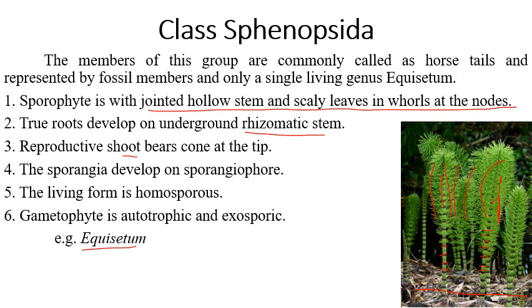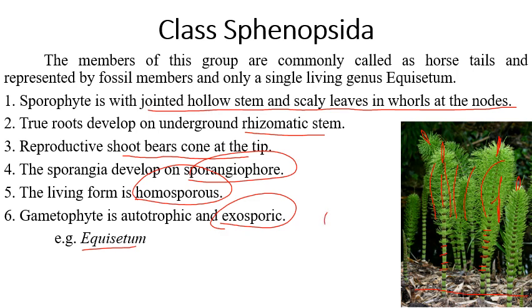A reproductive shoot bears a cone at the tip. So here at the tip small cones are there, and within that there are reproductive structures. The sporangia develop on sporangiophores. The living form is homosporous. Gametophyte is autotrophic and exosporic.